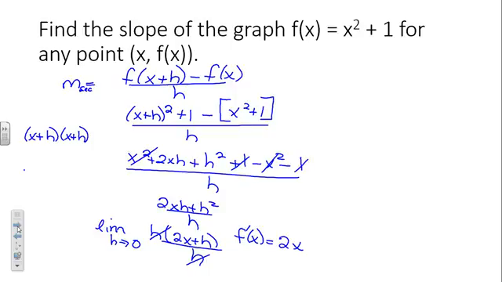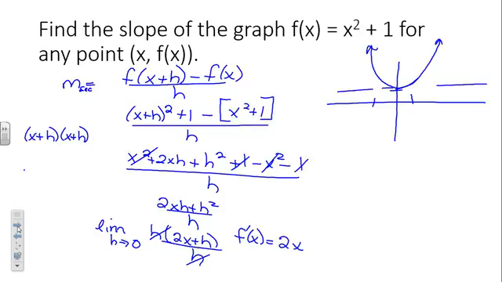So now if I asked you to plug a point in, you could do that. If x is 0, what's the slope? 0, right? Which makes sense, because x squared plus 1 is a parabola opening up, shifted 1 up. Quick sketch. At x is 0, my slope will be 0.